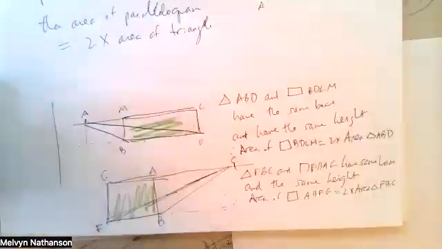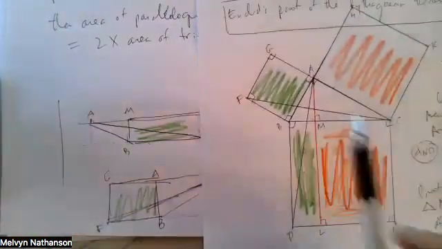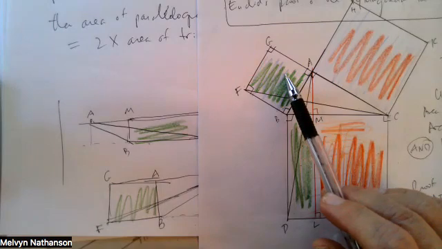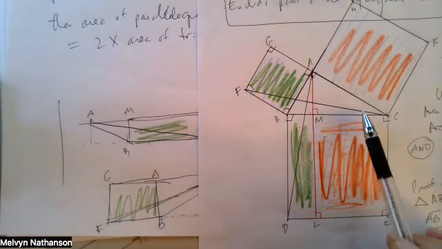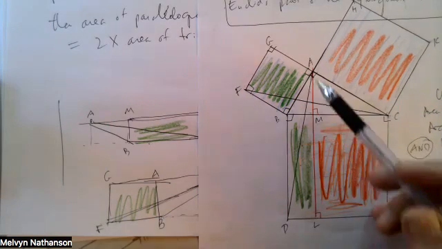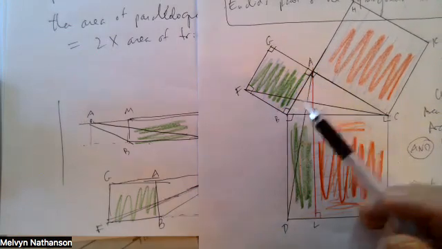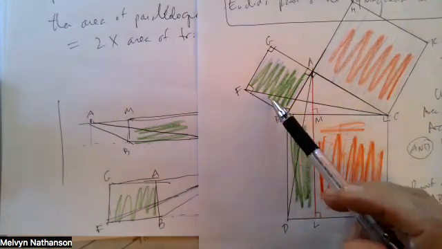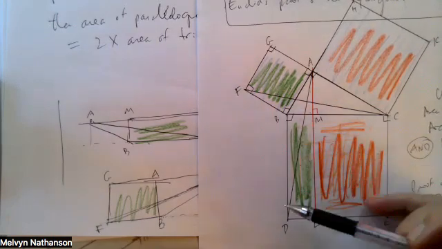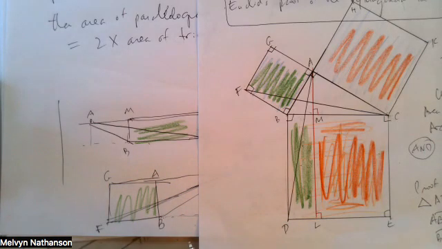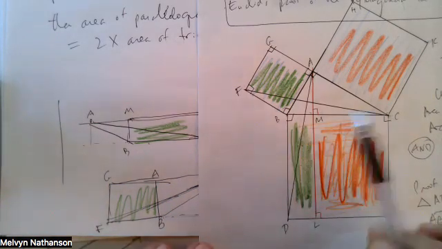Well, that's really very good because the area of the green square is twice the area of this triangle. The area of the green rectangle is twice the area of a different triangle. But those two triangles are congruent. So they have the same areas. So the square and the rectangle have the same areas.